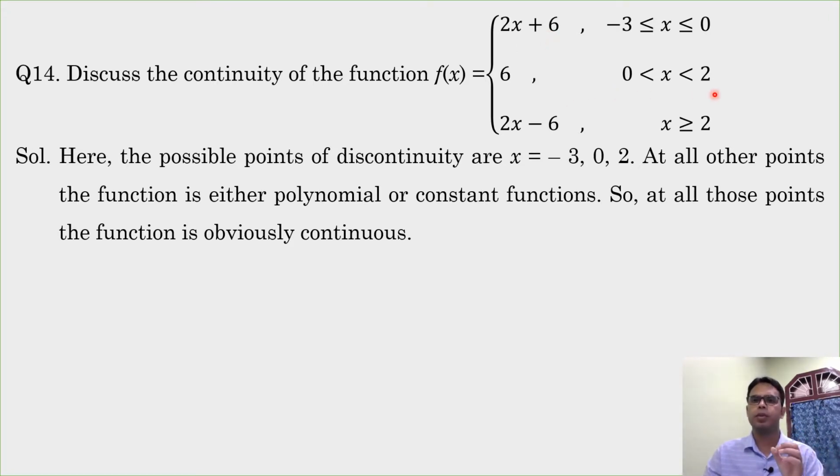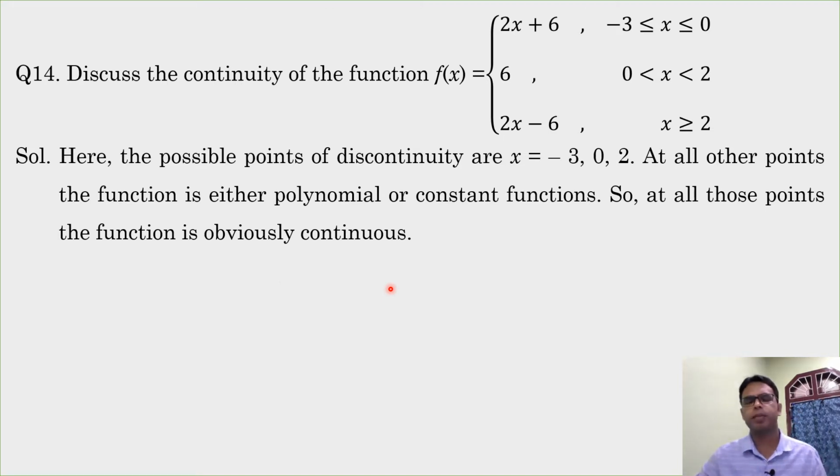Then from 0 up to 2, f(x) is equal to 6, a constant function, so it is continuous. And for x greater than 2, f(x) is equal to 2x minus 6, again a polynomial, therefore it is continuous for all x greater than 2. So you may write in that way also, but here I am writing in a different way, so you may also prefer this writing process.